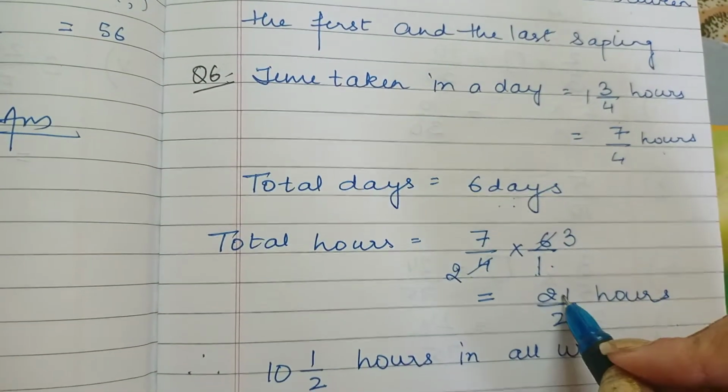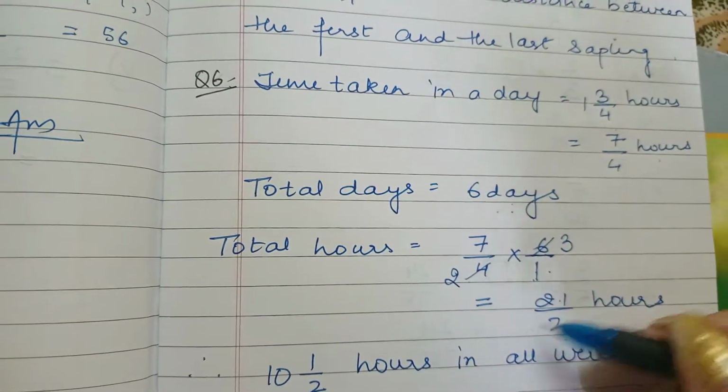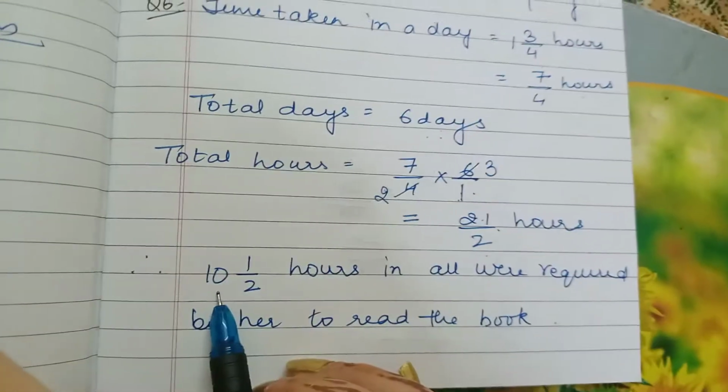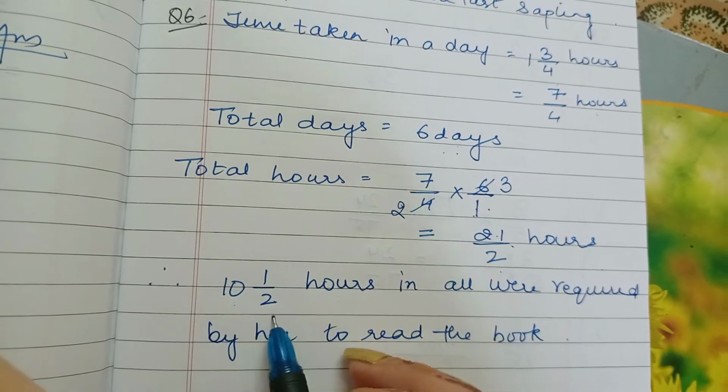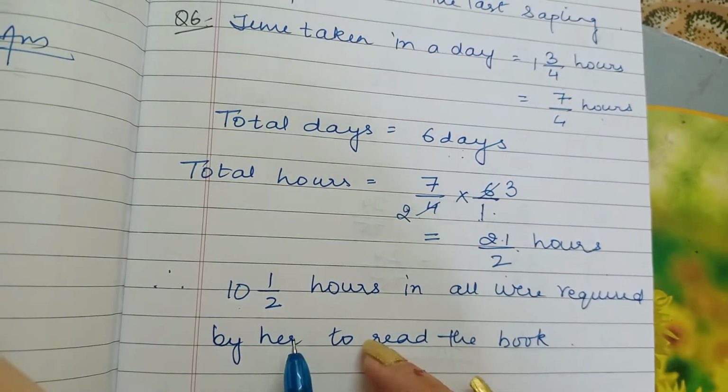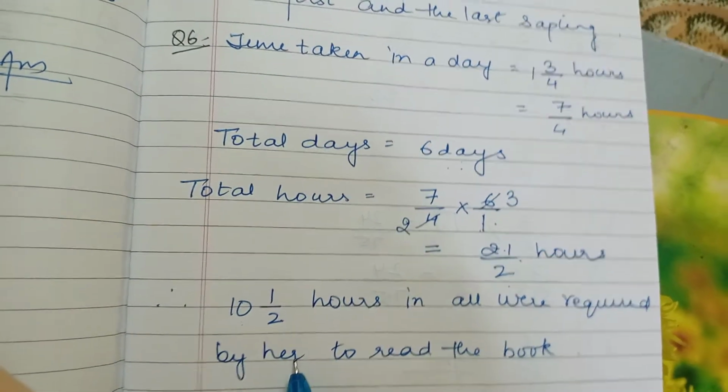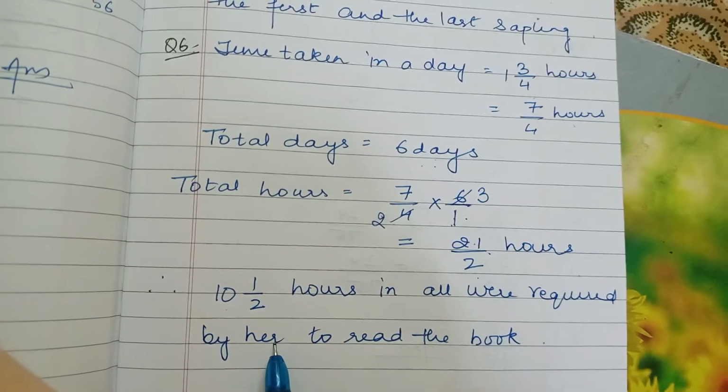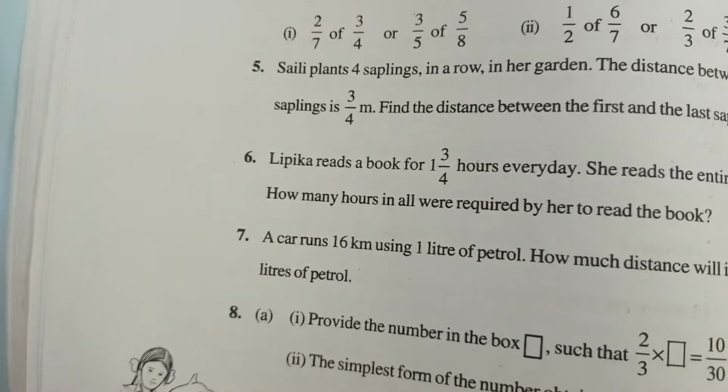Now 7 3s are 21, 2 1s are 2. Again we have got an improper fraction. Write it in mixed form and write the answer statement. 10 whole 1/2 hours in all were required by her to read the book. This was question number 6 of exercise 2.3. Let's move ahead with question 7 now.